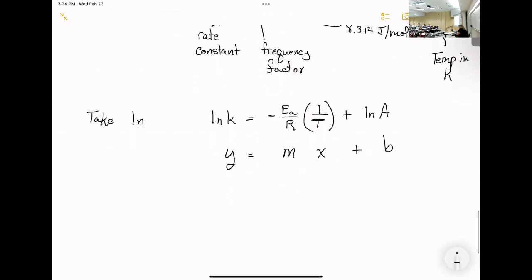So the slope of your line is equal to negative E sub A over R. Meaning you have a way to determine the energy of activation by graphing the natural log of the rate constant versus 1 over T.